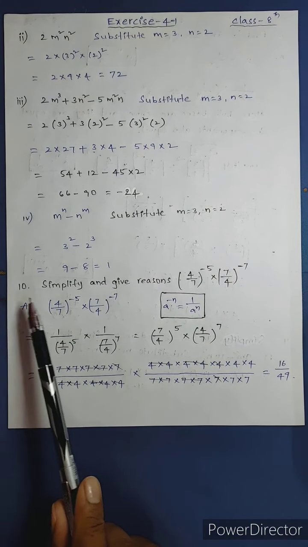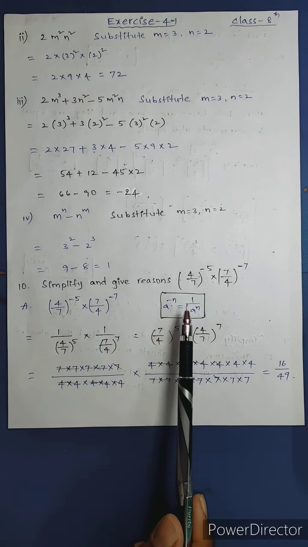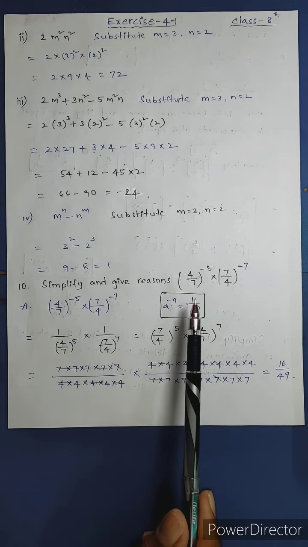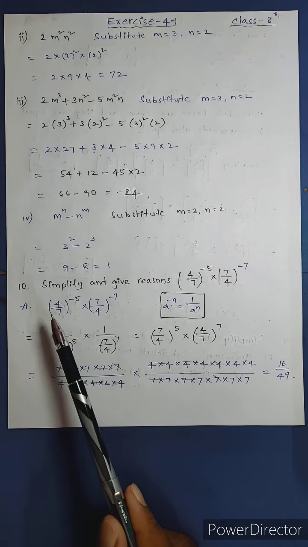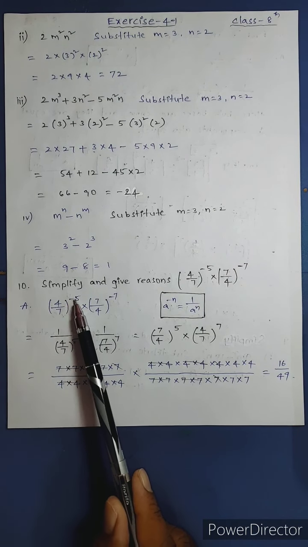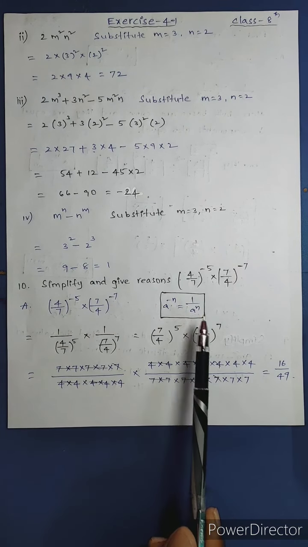Now last problem. Simplify and give reasons. 4 by 7 whole power of minus 5 into 7 by 4 whole power of minus 7. Same as it is. This one is in the form of a power of minus n is equal to 1 by a power of n.